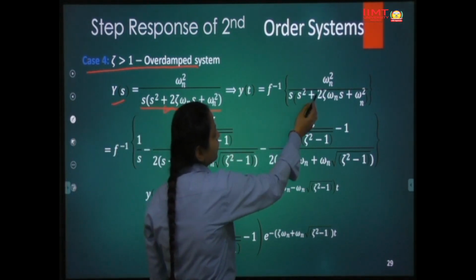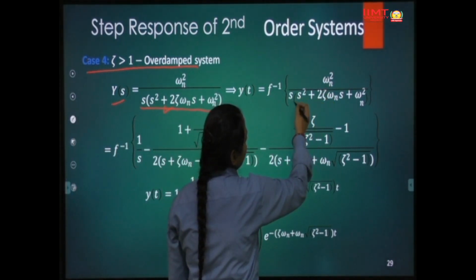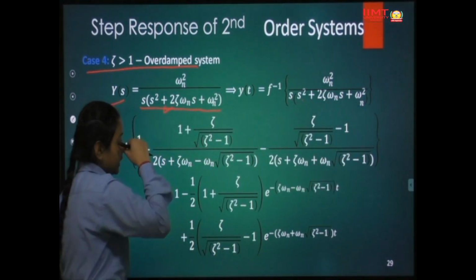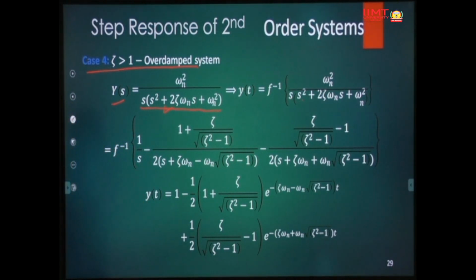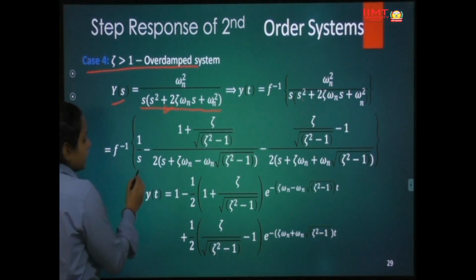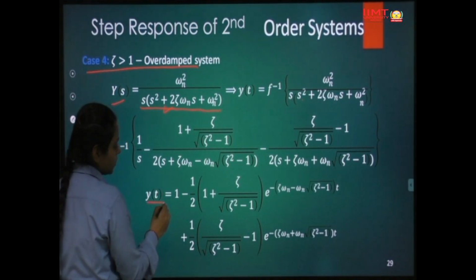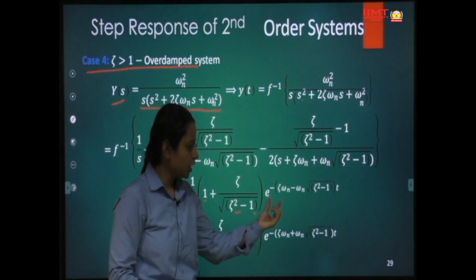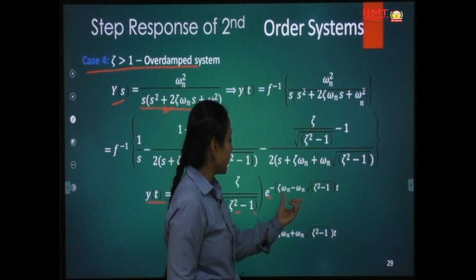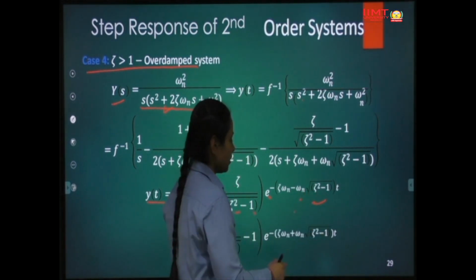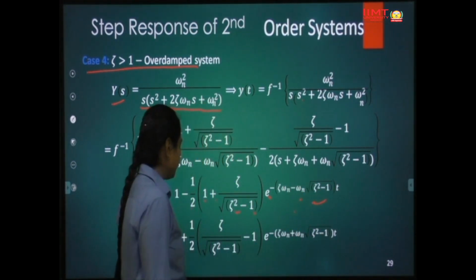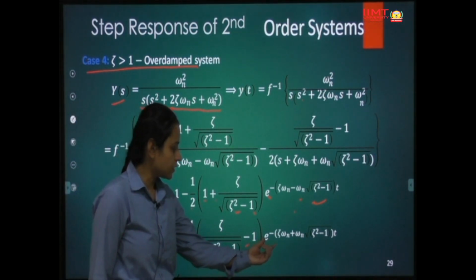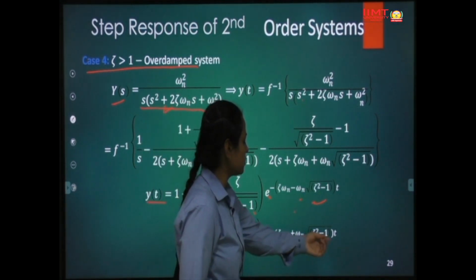If we take the inverse Laplace transform by using partial fractions, we get y(t) is equal to 1 minus 1 by 2, (1 plus zeta) upon the square root of zeta square minus 1, into e to the power minus zeta omega n minus omega n square root of zeta square minus 1 t, plus 1 by 2, zeta upon the square root of zeta square minus 1, e to the power minus zeta omega n plus omega n square root of zeta square minus 1 t.